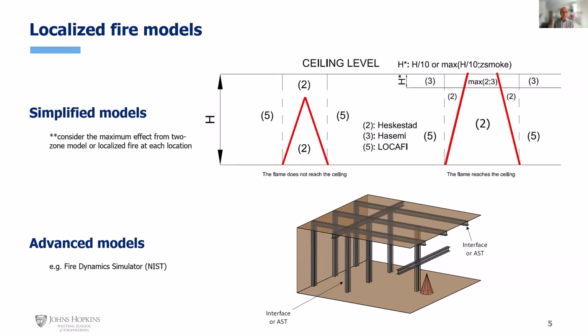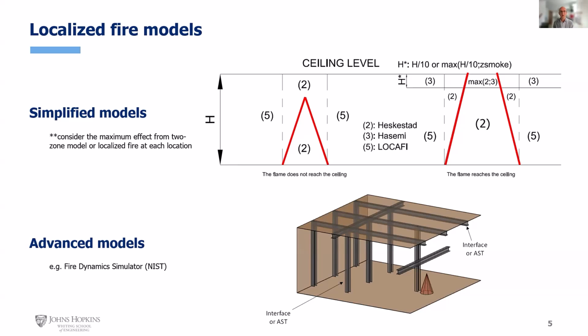There are specific functions in SAFIR for most of these configurations. So there is a function for HASEMI, typically used for ceiling members, such as a beam, when the flame hits the ceiling. There is a function for LOCAFI, for a radiative heat flux to a column. So it's possible to consider most of these considerations.